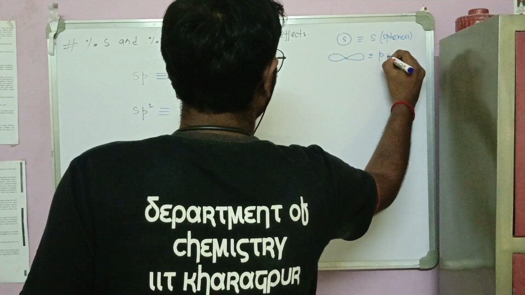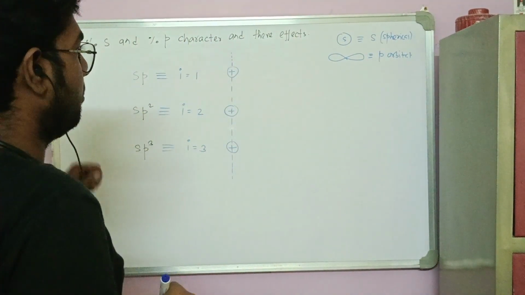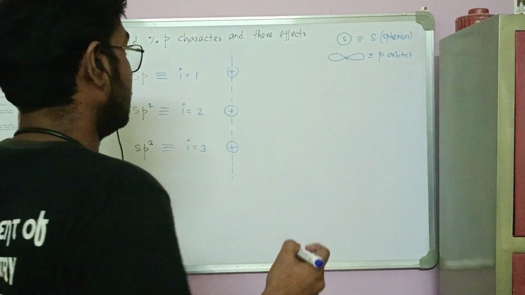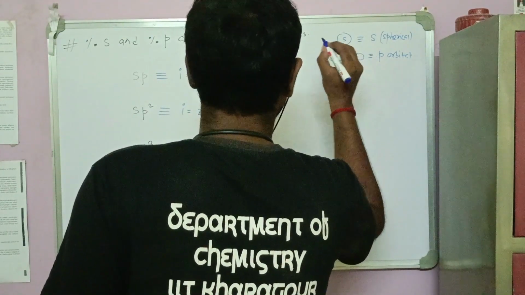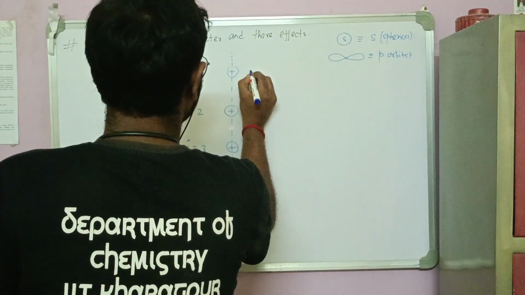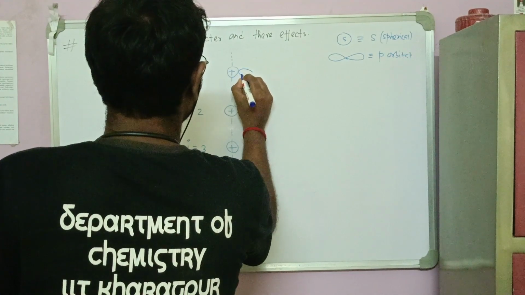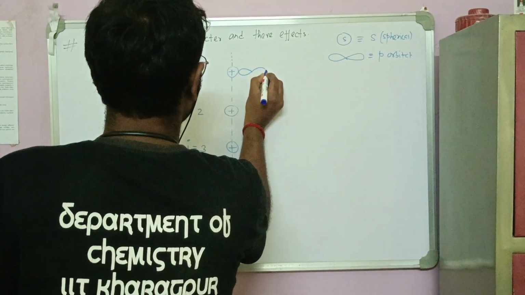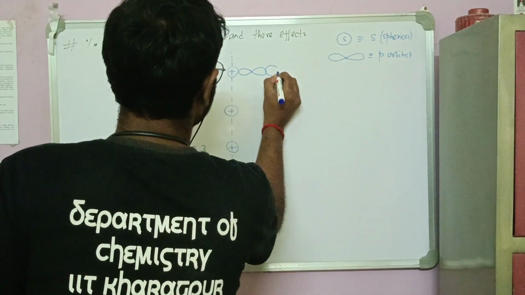This is the s orbital, and the p orbital has two lobes. So for the sp orbital, the percentage of s is higher. So 1s and 1p are getting mixed. So we will be having something like this. This is p and this is s.